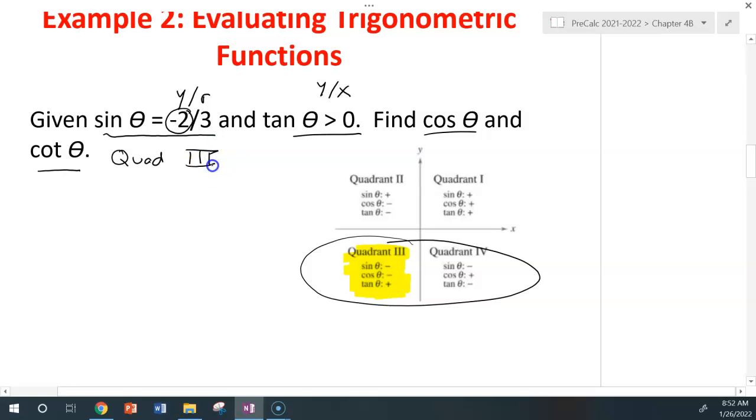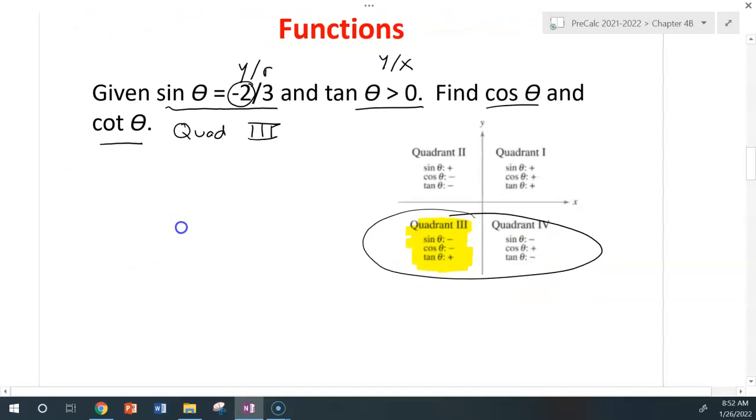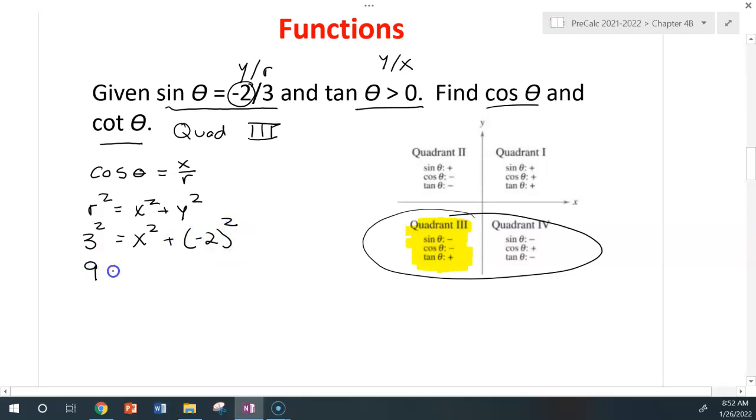And so now we're going to use what we know about cosine and cotangent. First of all, I have y is -2 and r is 3. My cosine of theta is going to be x over r. I don't have x, but I do have y and r. So r squared equals x squared plus y squared. R is 3, so 3 squared equals x squared, which is what I'm looking for, plus y squared, which is negative 2 squared. So I get 9 equals x squared plus 4.